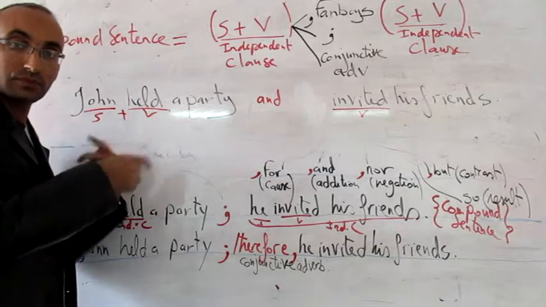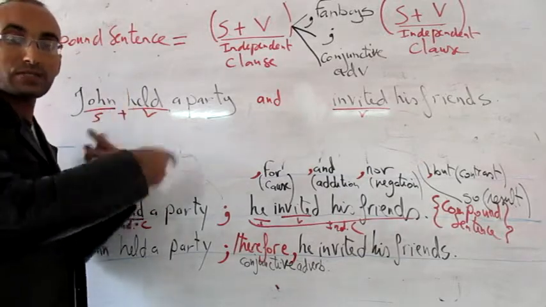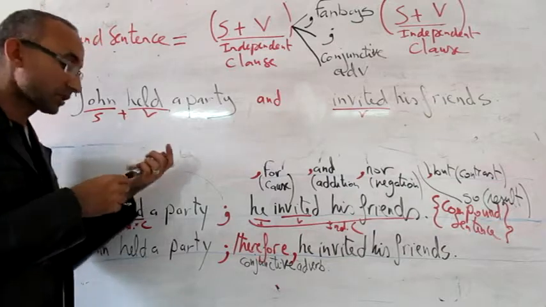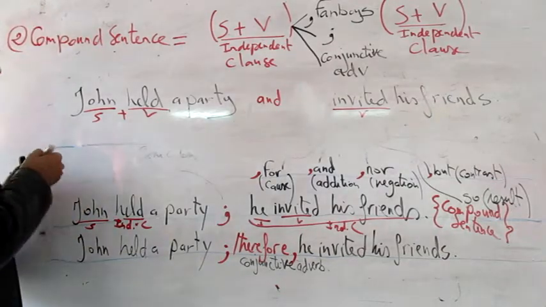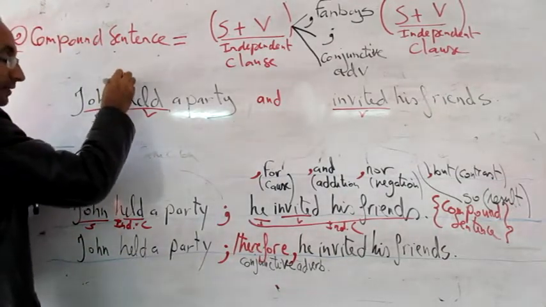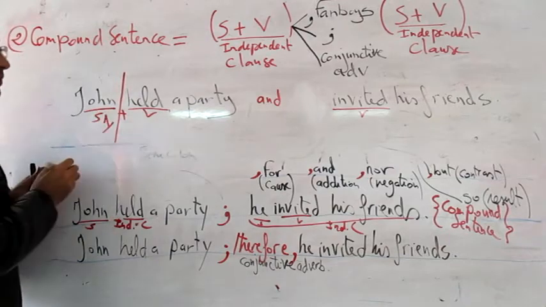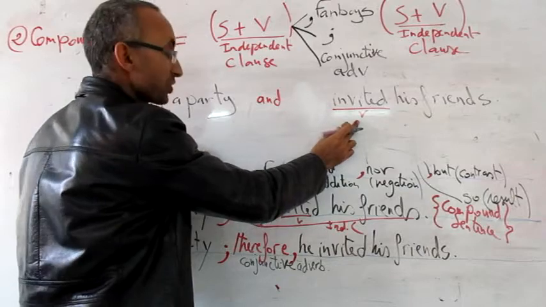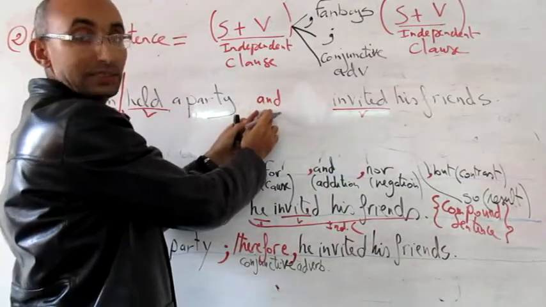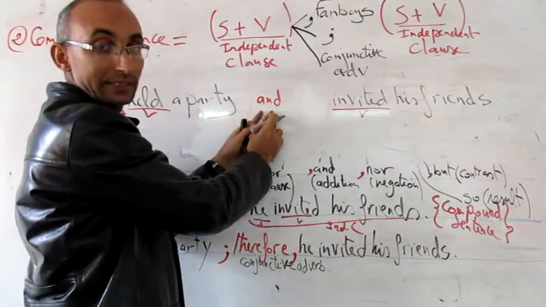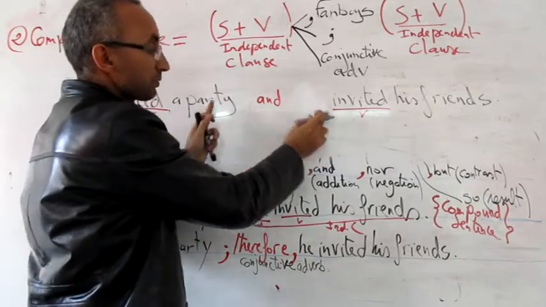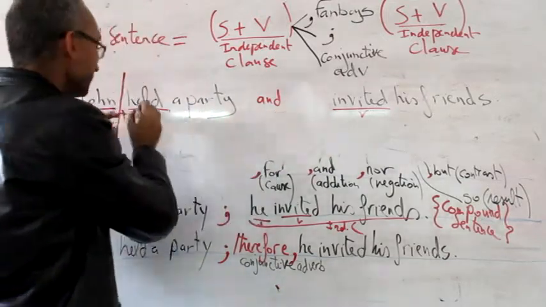So here, this example reminds us of what? Of the first type. Because what do we have? We have only one subject and two verbs together, which are joined by and. So when we have two verbs joined by and, it's only what?